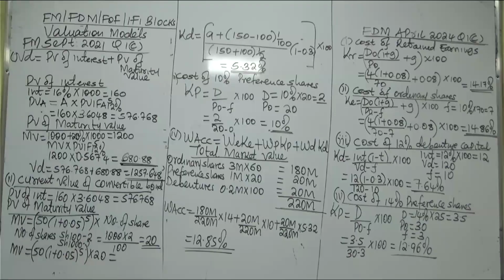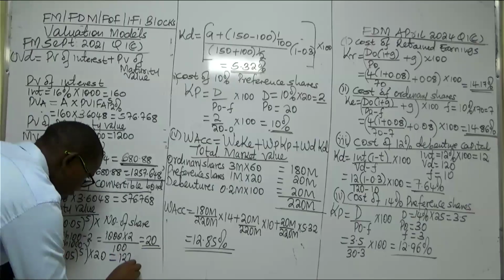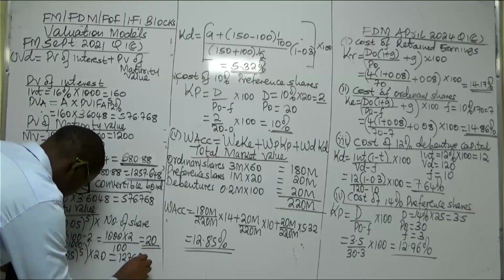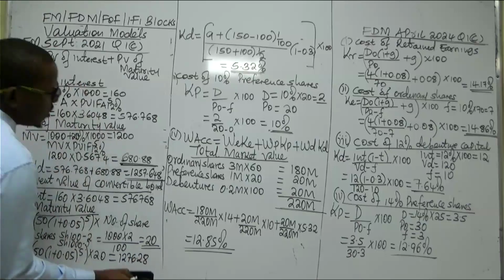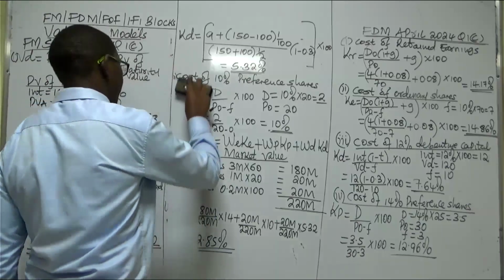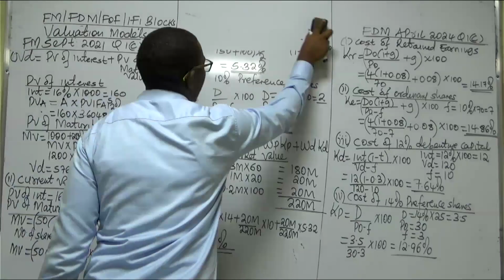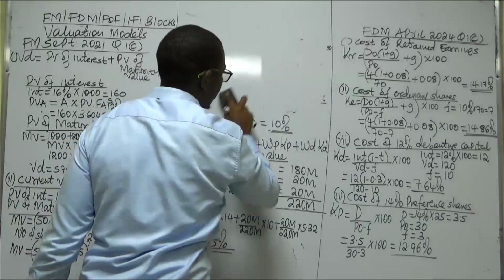1.05 power 5 multiply by 50 multiply by 20. This is 1276.28. Now we can look for the present value of the maturity value.